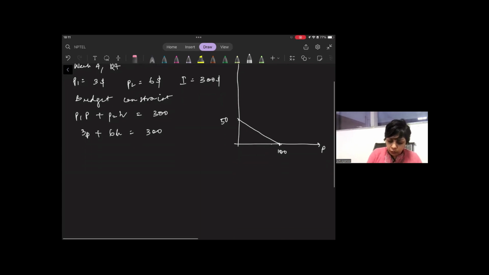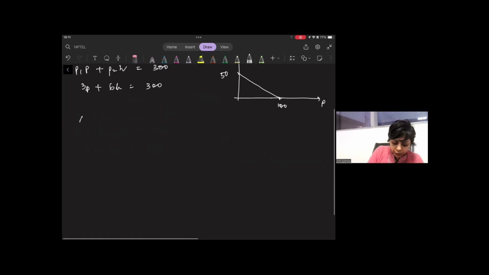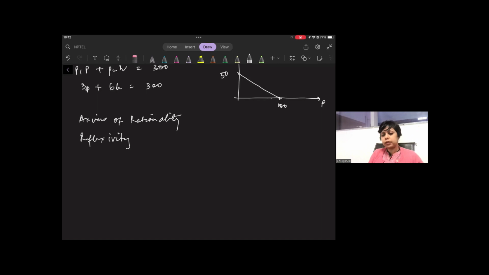In week 5, we studied the axioms of rationality. And the first is reflexivity. We generally don't talk too much about it because when we talk about completeness, it kind of includes reflexivity already.